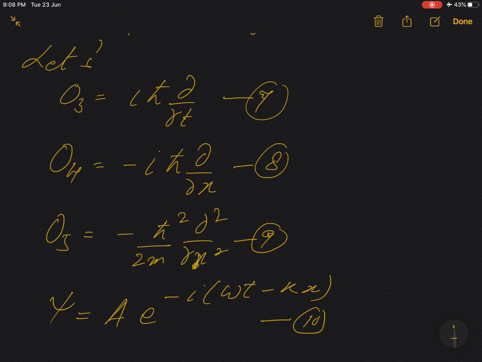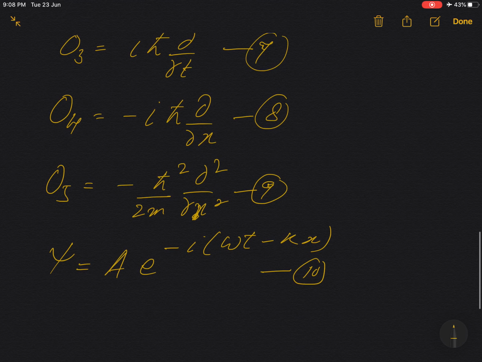It behaves like a wave also, behaves like a particle also. This A is the amplitude when you take the wave-like behavior and gives the probability of the particle to be available at any position x at any time t. So this expression has the complete information of the particle we are talking about.